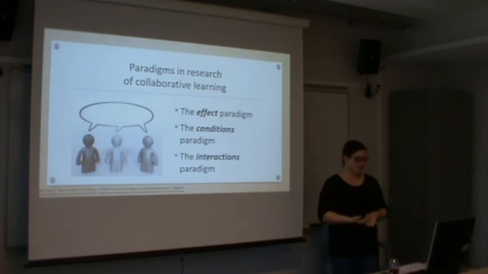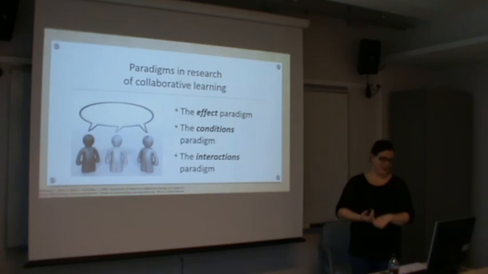And the third paradigm is the interactions paradigm, because there are also things that go beyond the preconditions of the collaboration. So the third paradigm actually includes these two, in that it asks under which conditions collaborative learning is efficient.